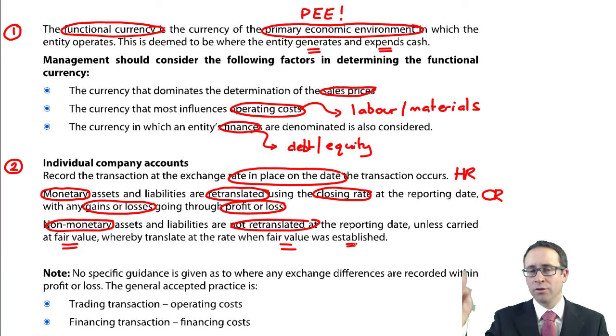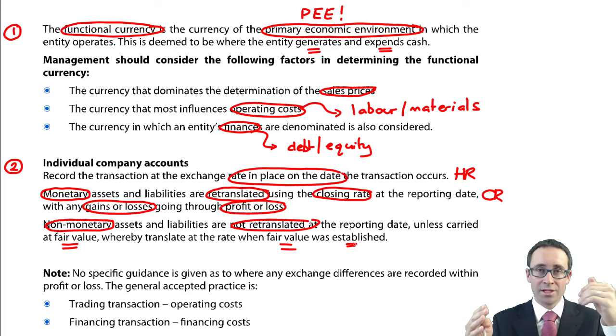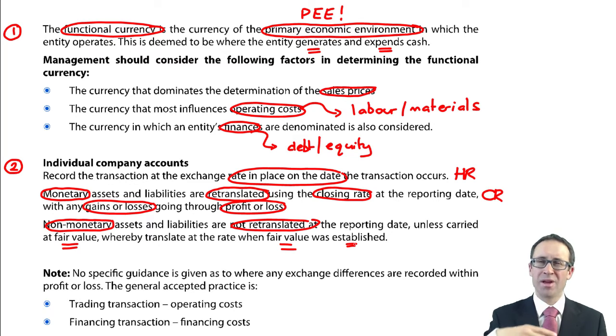Okay, so you have your original fair value at the rate at that date. You look at your updated fair value and you use the rate that's in place at that updated fair value date. But again, I think that's just beyond the scope of the syllabus.